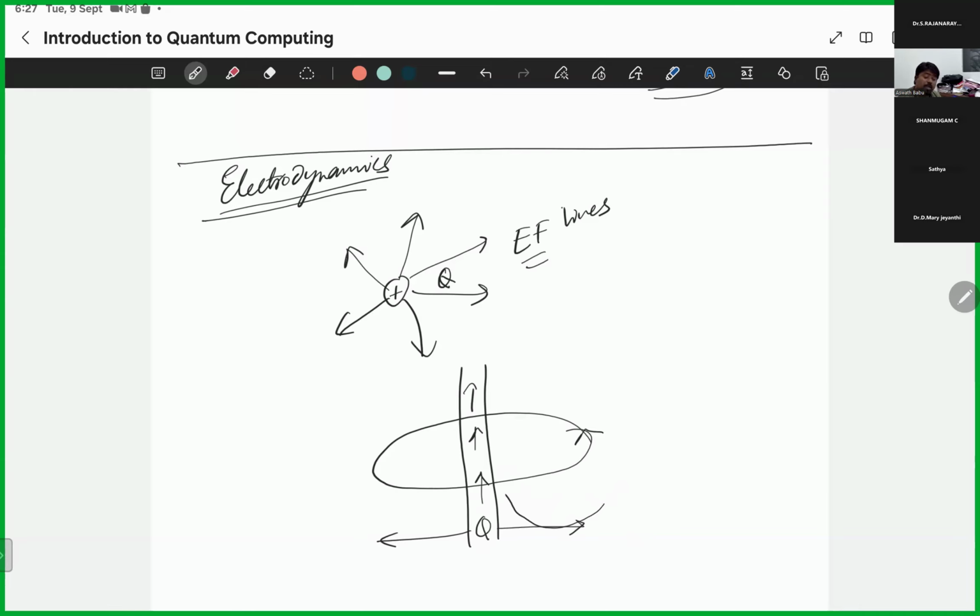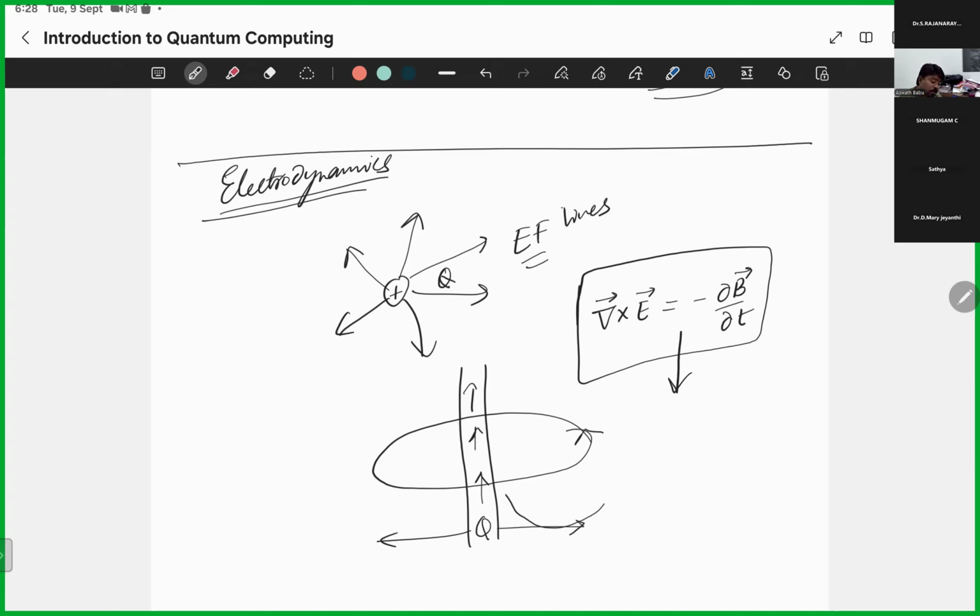Because of curving, Maxwell said if the electric field lines are changing in space, curving around, that is expressed in a mathematical equation: curl of E is equal to minus dou B by dou t. What it is saying is that the curling electric field is going to generate a time varying magnetic field.